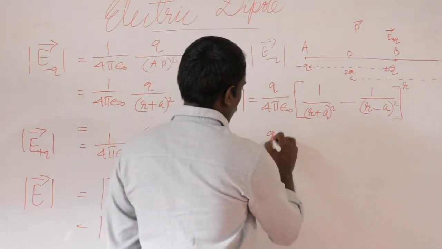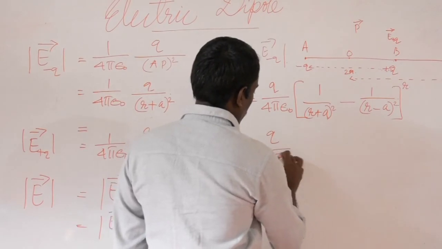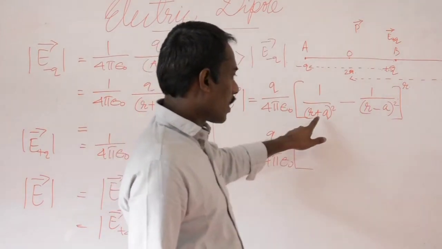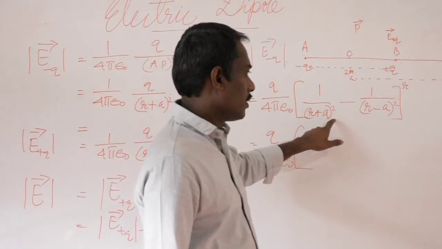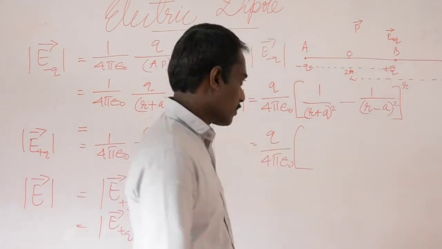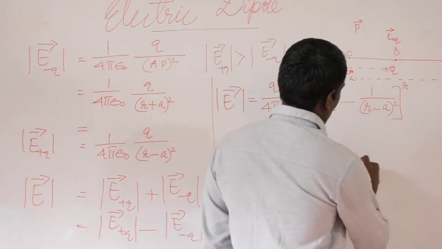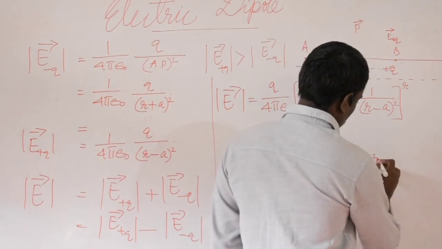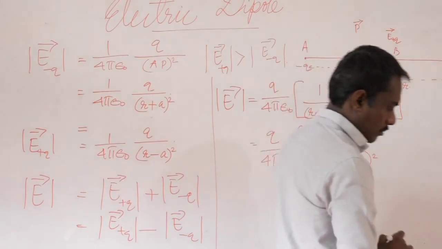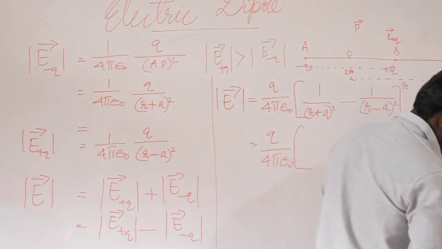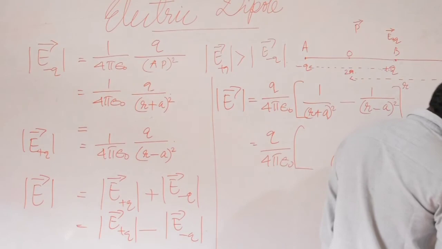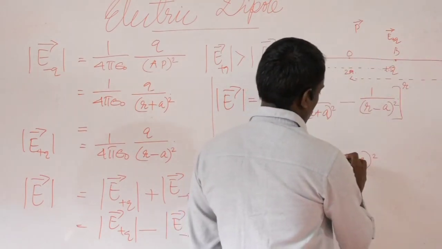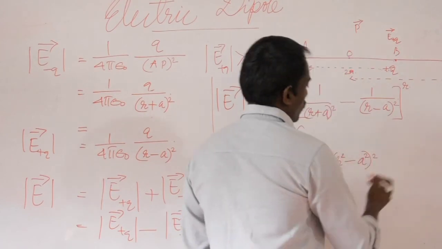Now Q divided by 4 pi epsilon 0 into, if we take the LCM, (R plus A) square into (R minus A) square, which is (R square minus A square) whole square.